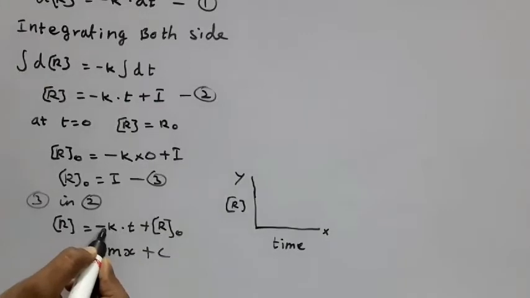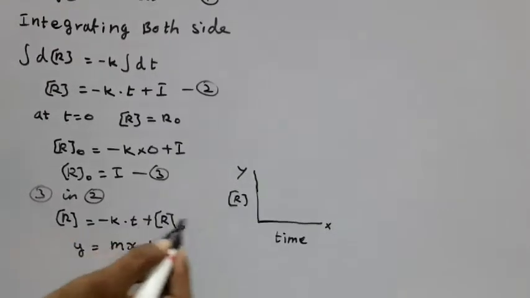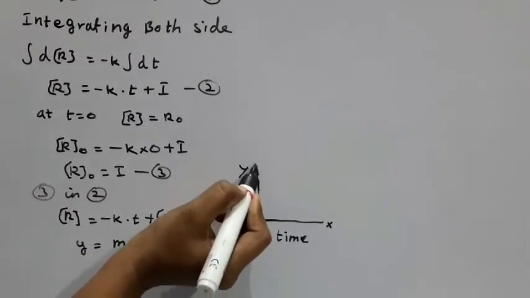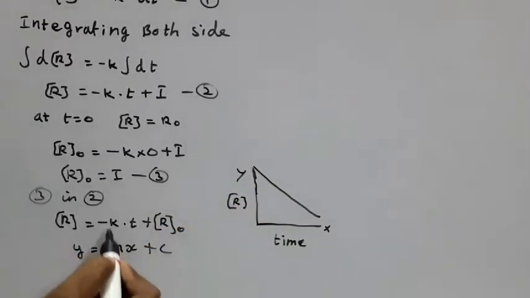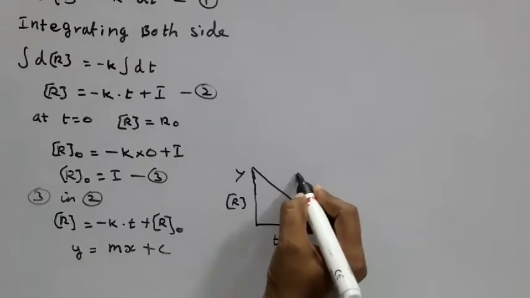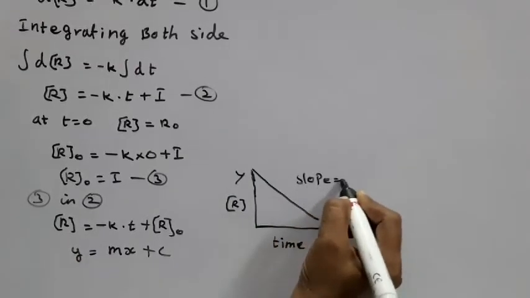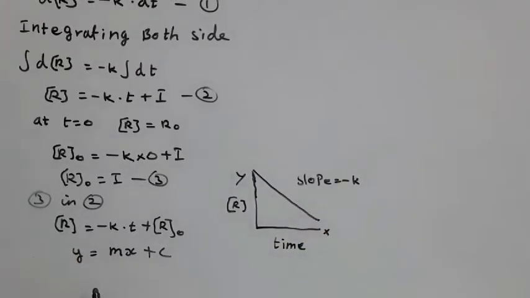Here you see there is a minus sign, so the reactant concentration completely decreases. The m value is the slope, which is equal to minus k.